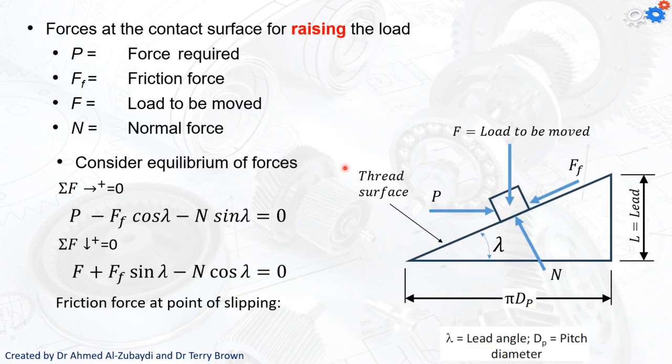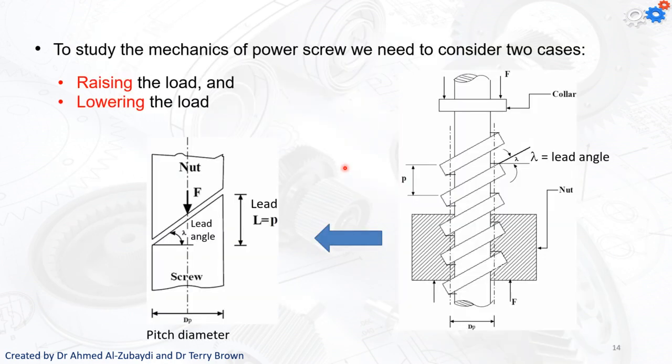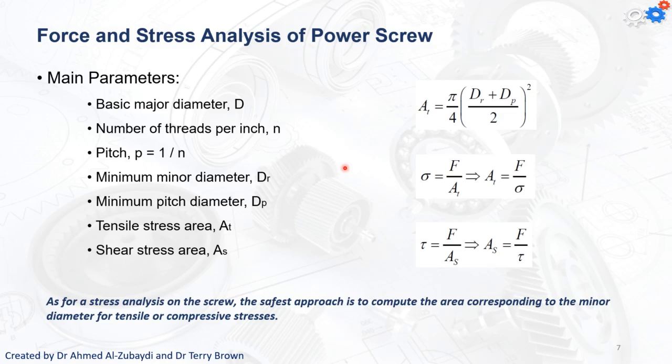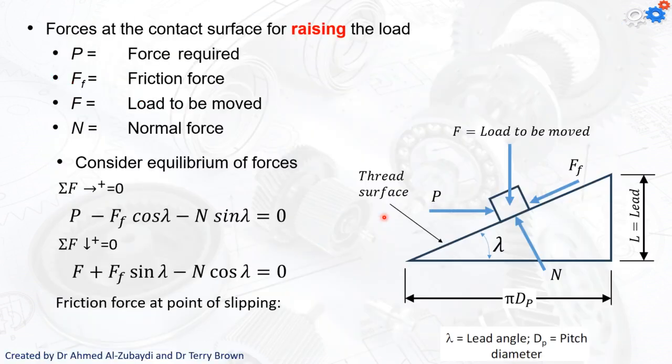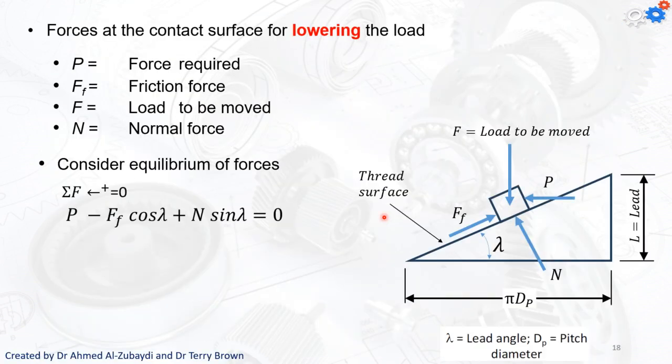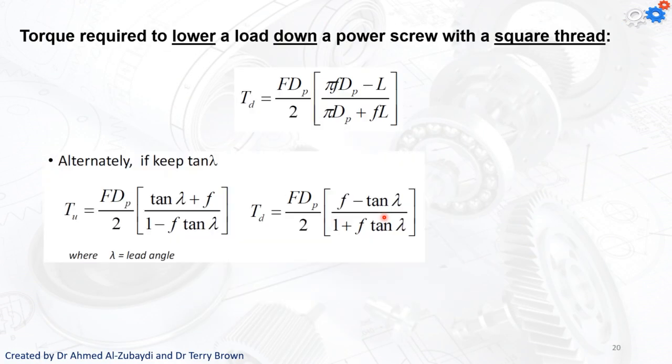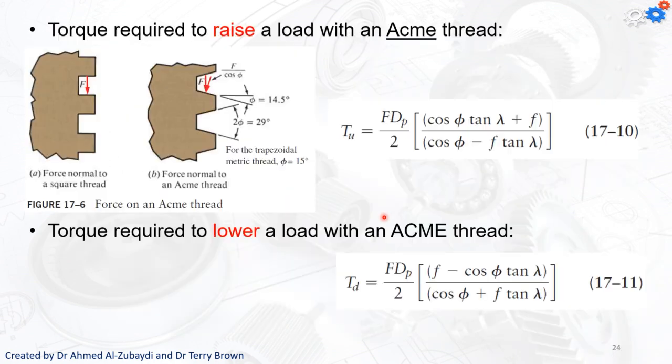The stress is equal to F divided by AT, or AT is equal to F divided by the stress. So this will be the first thing I do. I did that to show you how we can start the solution.